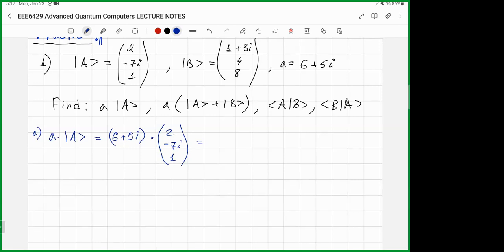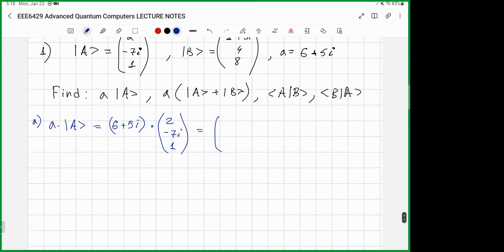We simply multiply each entry of the vector by this scalar, meaning that the first component will be 2 times 6 plus 5i, which is 12 plus 10i, then minus 7i times 6 plus 5i, and the third one is 1 times 6 plus 5i, which is 6 plus 5i.